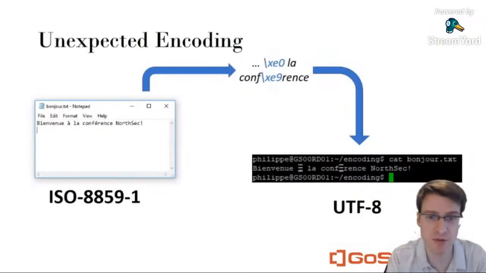This is something to keep in mind, because while UTF-8 is widely used, there is still a chance when you're implementing an application that a user will save a file, for example, with Notepad. Because Windows used to have ISO 8859 by default, once your server reads this file, those characters will not be interpreted properly because it's expecting UTF-8.